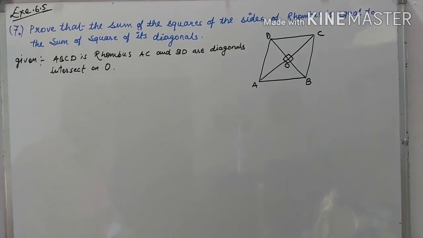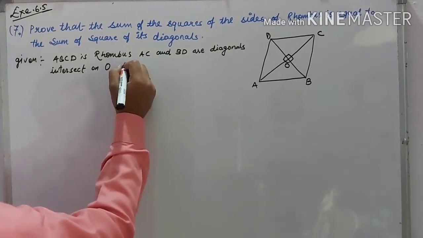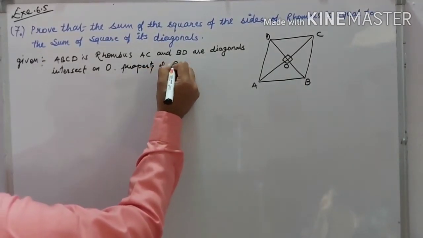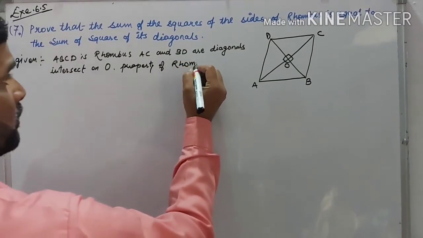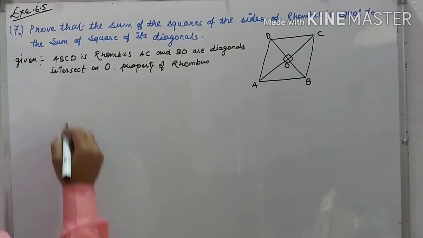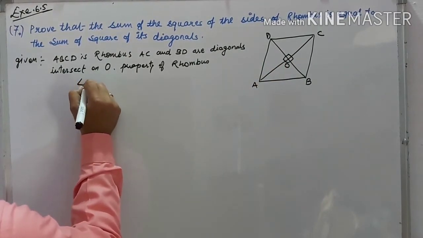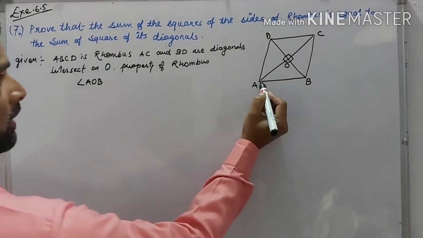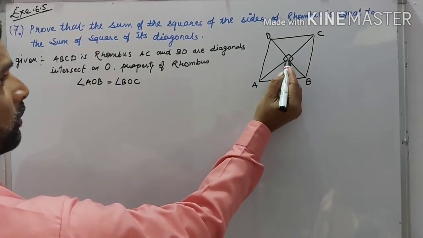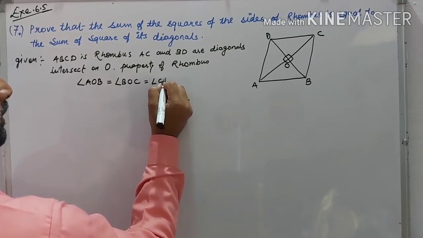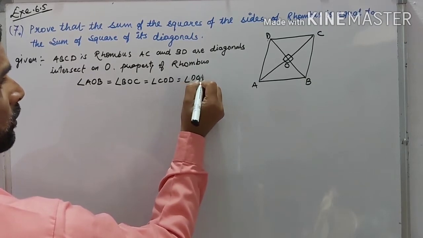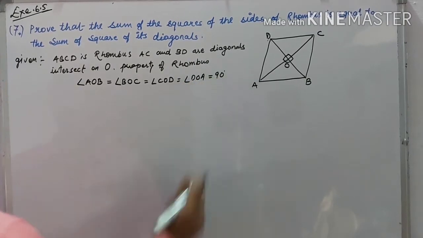It is given. Now you write the property of a rhombus. The property of the rhombus is that the diagonals perpendicularly bisect each other. Perpendicular means angle AOB is equal to angle BOC is equal to angle COD is equal to angle DOA is equal to 90.